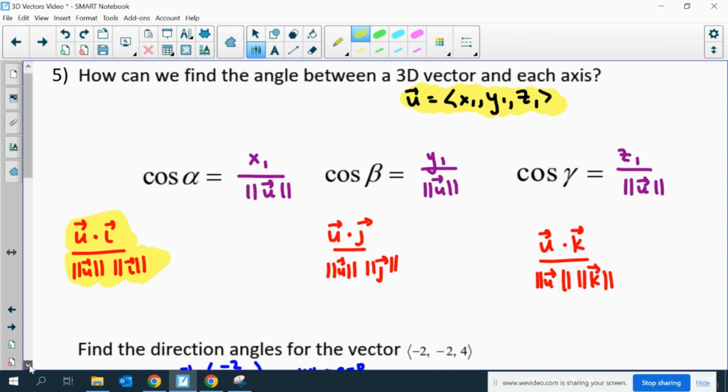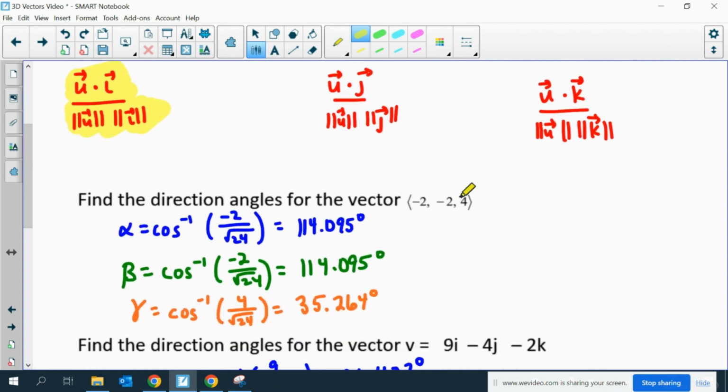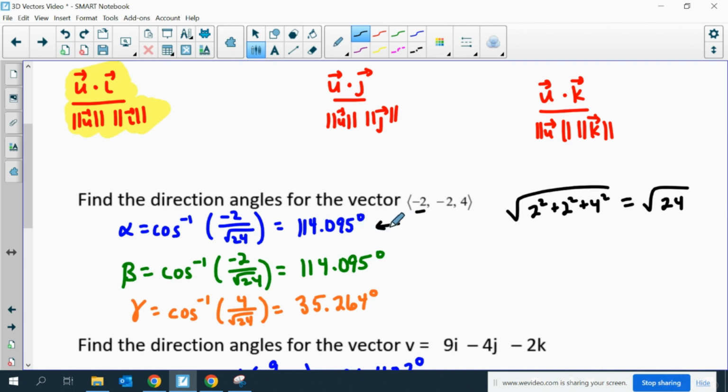So if I want to find direction angles for a vector, I just find the magnitude of this vector, which is the square root of 24. 16, 4, and 4 gives me 24 on the inside. So then I just take each component and divide it by the magnitude and take the arc cosine for x, y, and z, and then that gives me alpha, beta, and gamma, which are the direction angles in the x direction, the y direction, and the z direction.